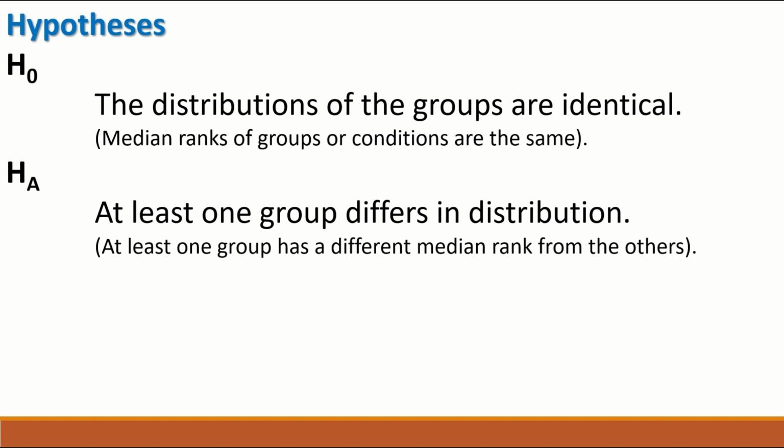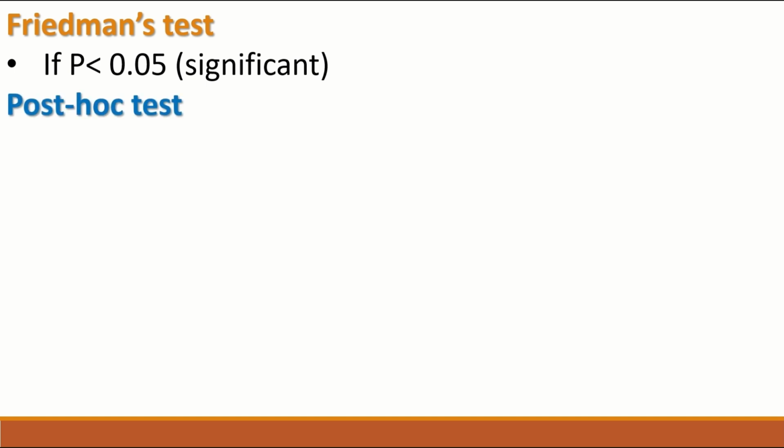The alternative hypothesis will state that at least one group differs in distribution, at least one group has different median ranks from the others. And then a p-value is calculated. If it is less than 0.05, then reject the null hypothesis and accept the alternative hypothesis, which indicates that there is a difference between the groups.